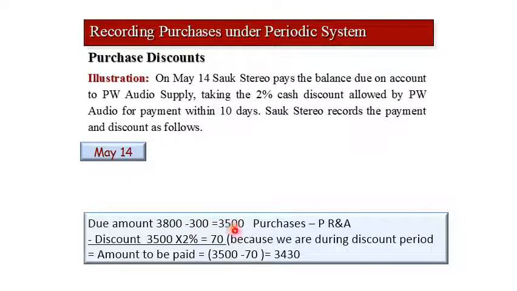It is the due amount of the company. But you paid during the 10 days, so you have a discount. The due amount 3,500 times 2% equals 70, because you are within the discount period. So the amount you have to pay is 3,430, and your entry will be as follows.